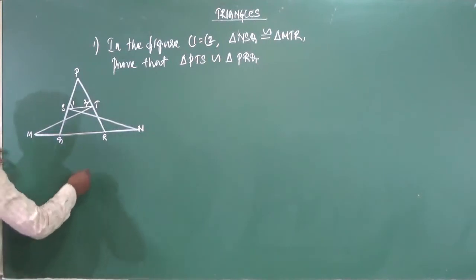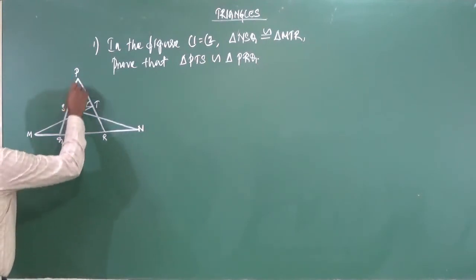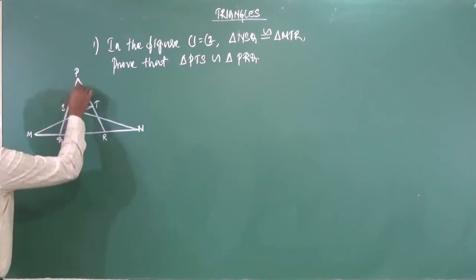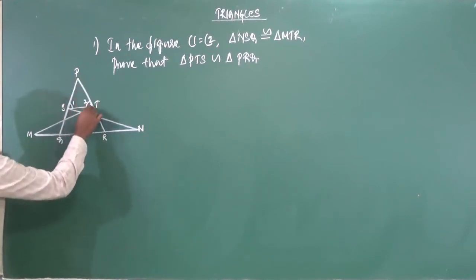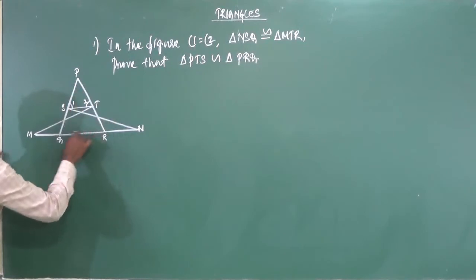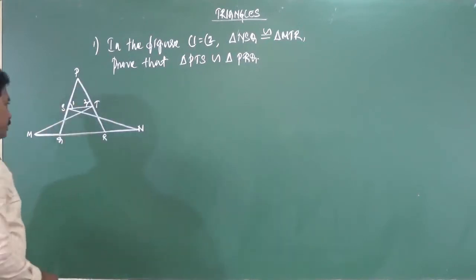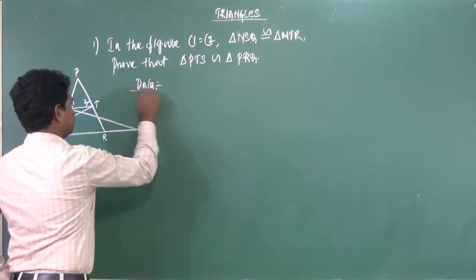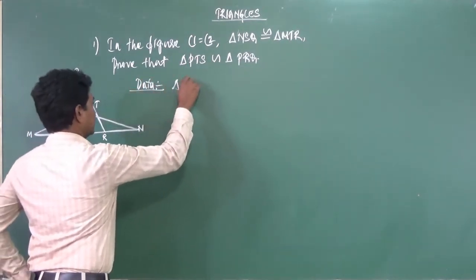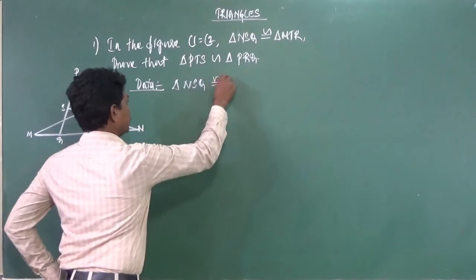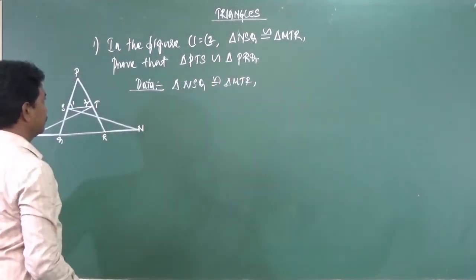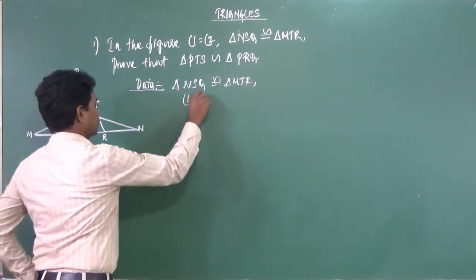You have to prove that triangle PTS and triangle PRQ are similar to each other. So we will go with the data, very important. Triangle NSQ is congruent to triangle MTR, this is given, and angle 1 is equal to angle 2.